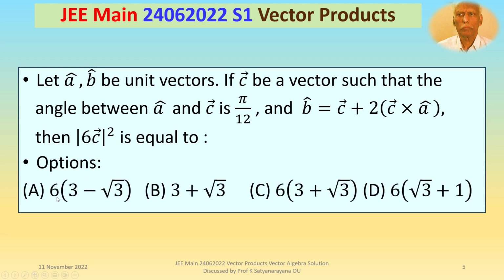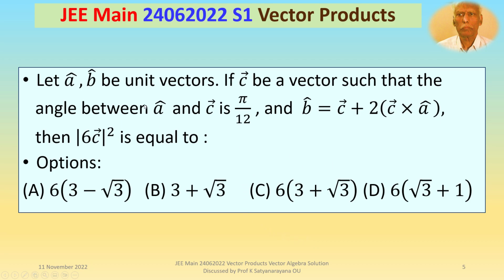Option A, 6 into 3 minus root 3. Option B, 3 plus root 3. Option C, 6 times 3 plus root 3. Option D, 6 times root 3 plus 1.